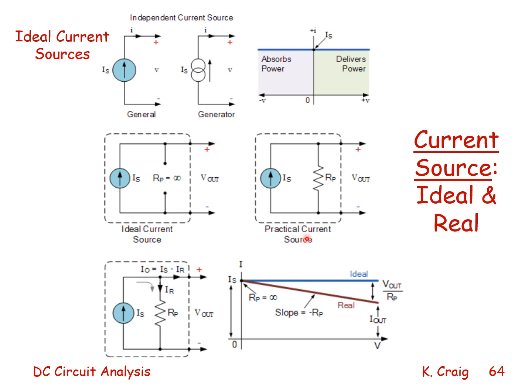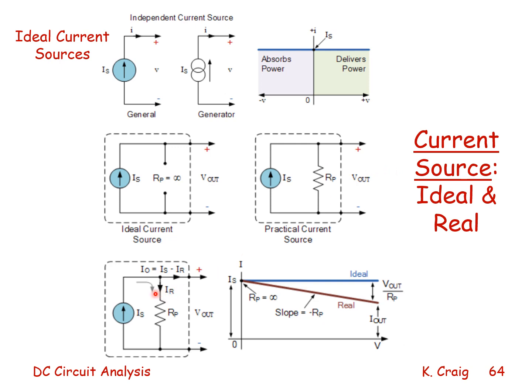However, a practical current source or real current source has an internal resistance in parallel with the ideal current source. This internal resistance or impedance causes some of the current to be diverted from going to the output circuit.